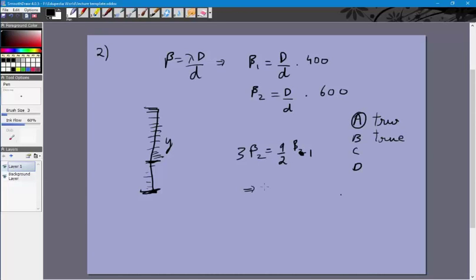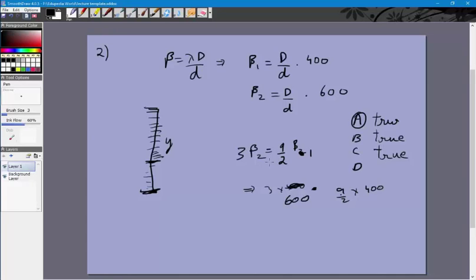What this gives me is 3 into 400 is equal to, or whether it's not equal to, we need to check. 9 by 2 into 400 on this side, 3 into 600 on this side, sorry. So yes, 400 by 2 is 200, both of these are 1800, which is true, so C is obviously true. Right, the third fringe here and the 4.5th fringe here. Right, which is the fifth minimum.